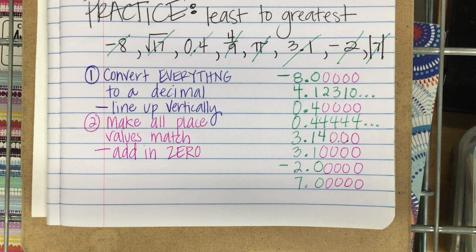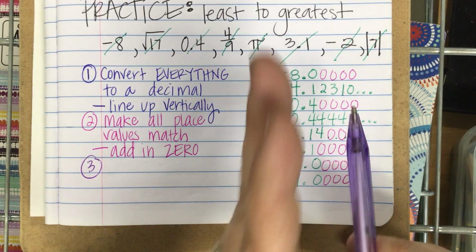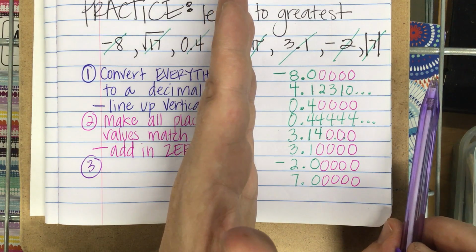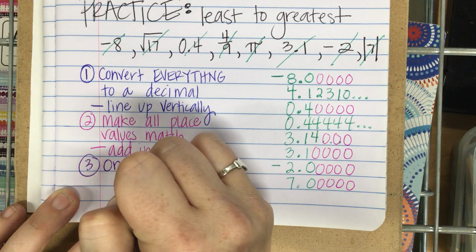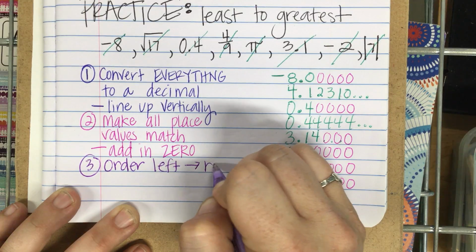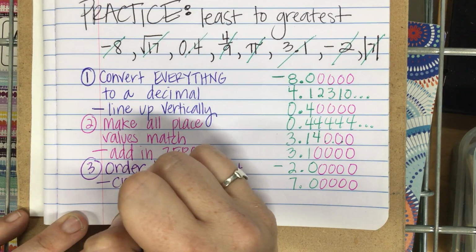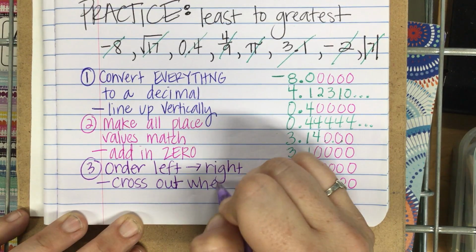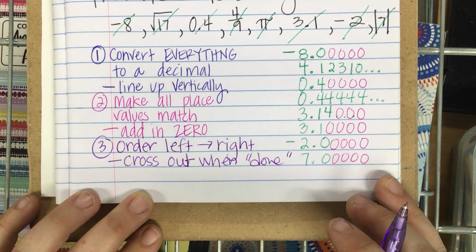Then I'm going to start going from left to right, just like we read, and I'm looking for the smallest number. So now I'm going to start to order from left to right. When I order it, I'm going to cross it out so it disappears.